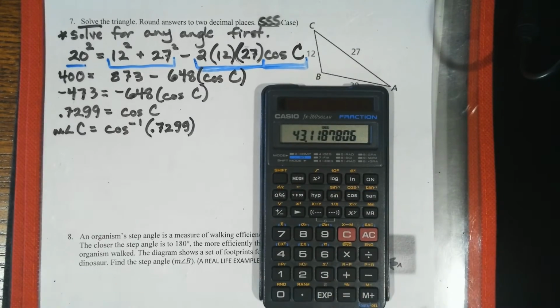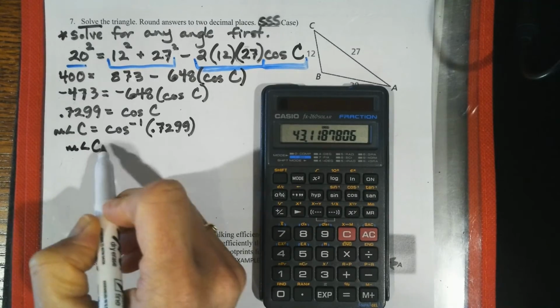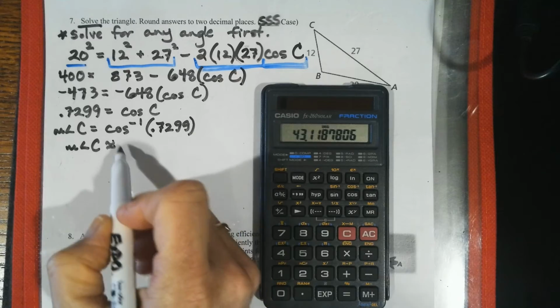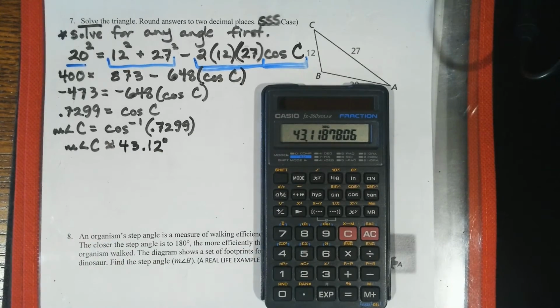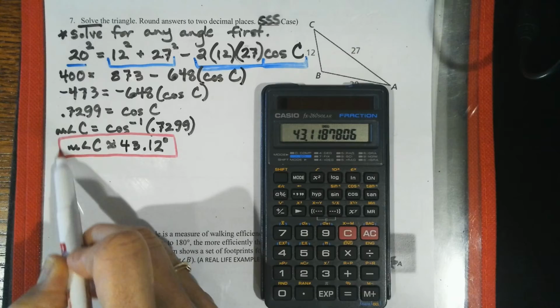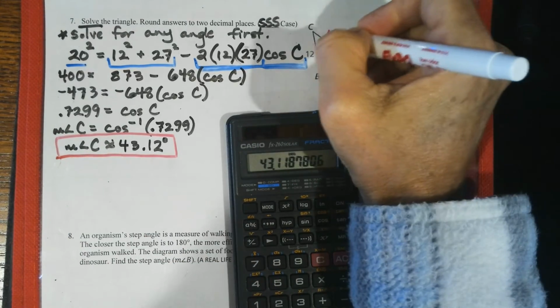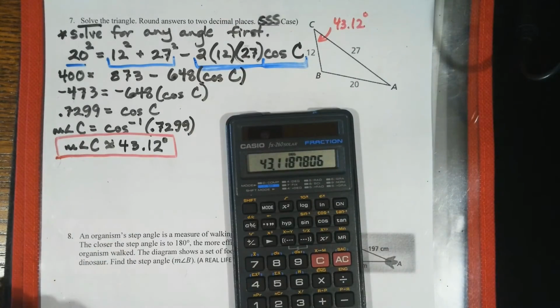And it goes straight to the answer. Okay, so we want to write down measure of angle C is approximately, again, 2 decimal places, 43.12 degrees. Sounds about right. When I look at angle C, that looks like about 45 degrees, so yay. That one's now 43.12 degrees.